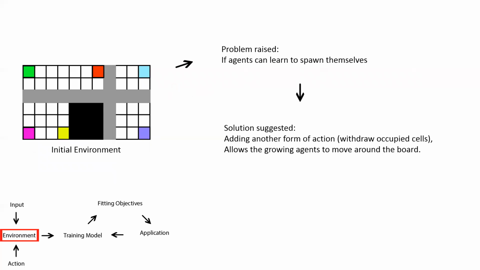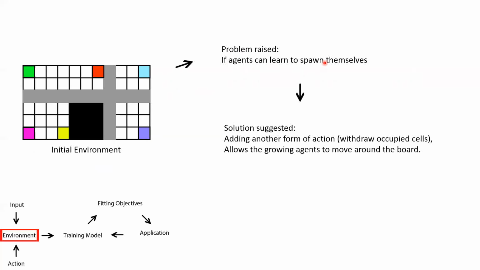One problem was raised by one of my tutors: whether the agents can learn to spawn themselves throughout the learning phase. But the problem is that the action will be so different compared to growing and withdrawing. It'll be so difficult to code.